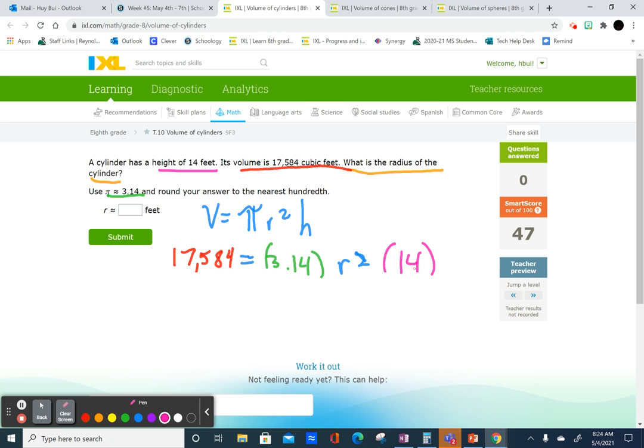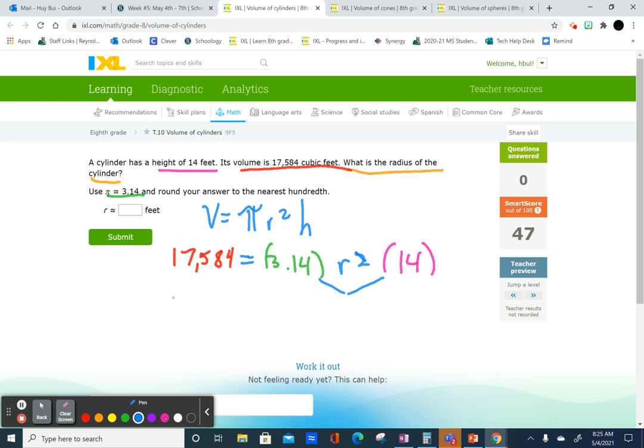So this is an equation with one variable that we can solve for. Let's simplify this equation by multiplying on the right side. It's called the commutative property: you can multiply in any order. So it's pi times radius times height. We don't know what the radius is, but we can do pi times height.